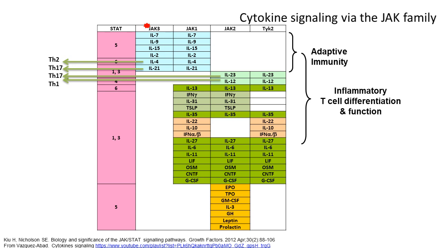For more on Th phenotypes, there are several other videos, including a video in my channel with more updated pathways on how the T helper cells differentiate. Interleukin 21 is going to be differentiating the naive T cell into a Th17, same as interleukin 23. And interleukin 12 is the key cytokine that differentiates into Th1, same as interferon gamma.